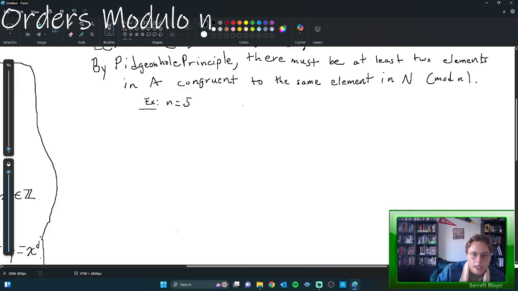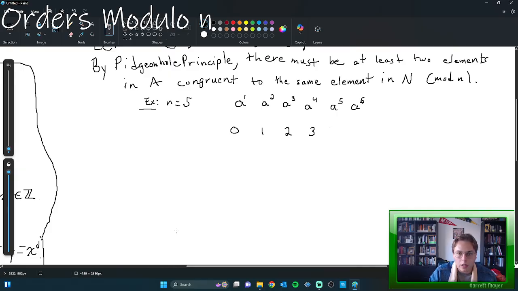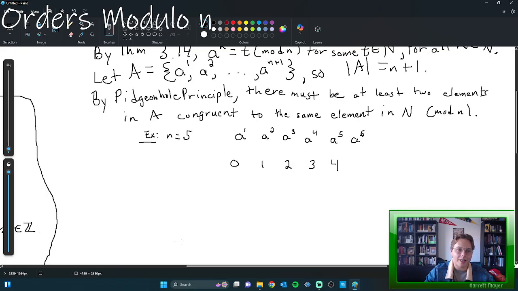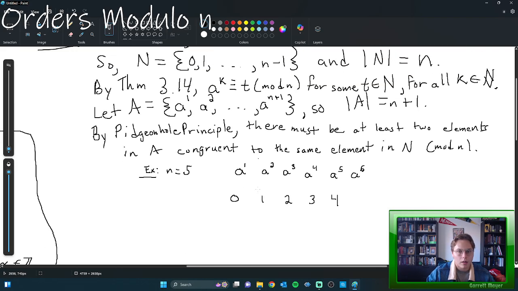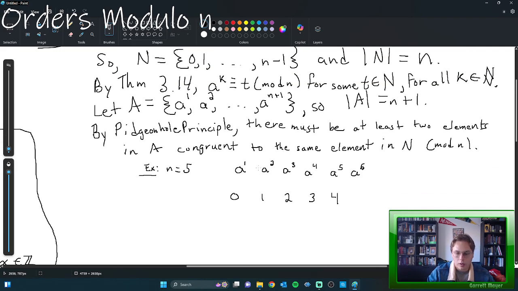5. So then you have a to the 1, a to the 2, a to the 3, a to the 4, a to the 5, and a to the 6, all within A. And each of them has to be congruent to 1 element within N, these elements being 0, 1, 2, 3, and 4. All of them have to be congruent to at least one of them. By the pigeonhole principle, they can't all have their own distinct elements.